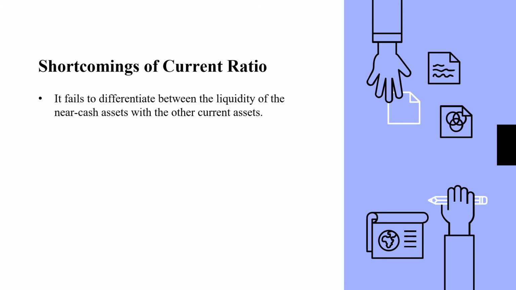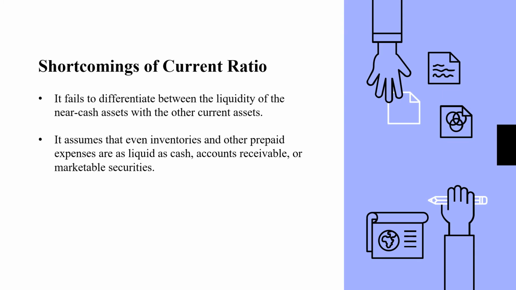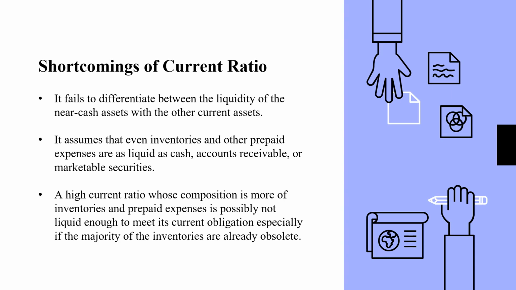Prepaid expenses are also there, which sometimes do not become a source of cash and are not used right away, etc. So it assumes that even inventories and prepaid expenses are as liquid as cash, accounts receivable, or marketable securities, which sometimes they are not. Then a high current ratio whose composition is more of inventories and prepaid expenses is possibly not liquid enough to meet its current obligations.